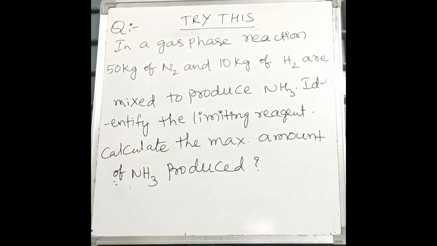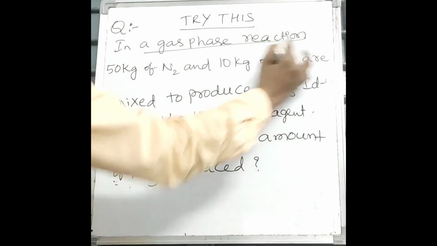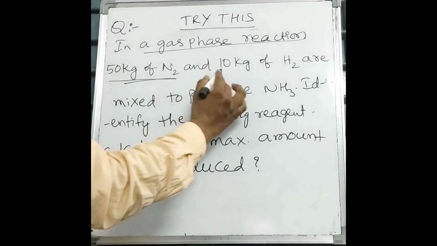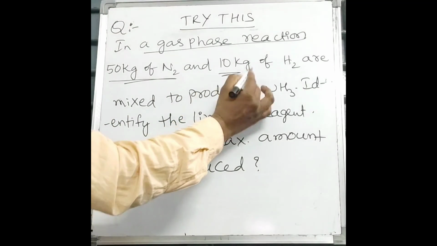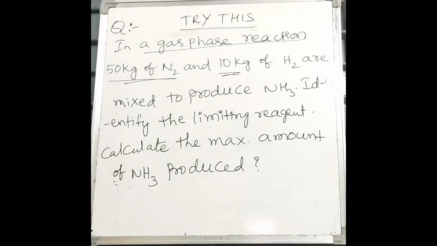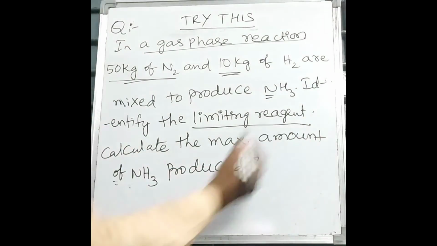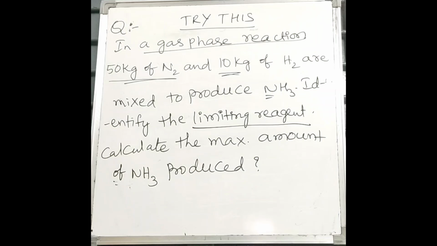In this problem, see, in a gas phase reaction, 50 kilograms of nitrogen and 10 kilograms of hydrogen are mixed to produce ammonia. Identify the limiting reagent. Calculate the maximum amount of ammonia produced. So you have to try this problem.